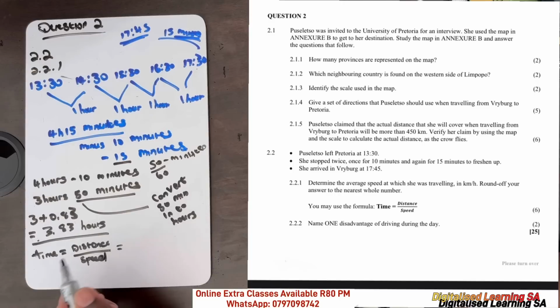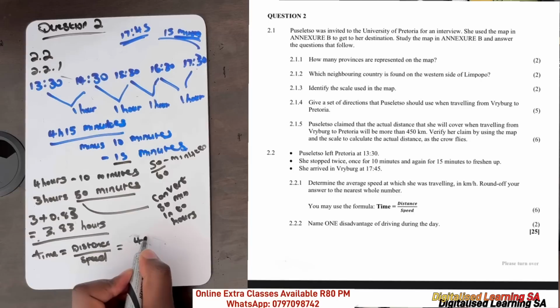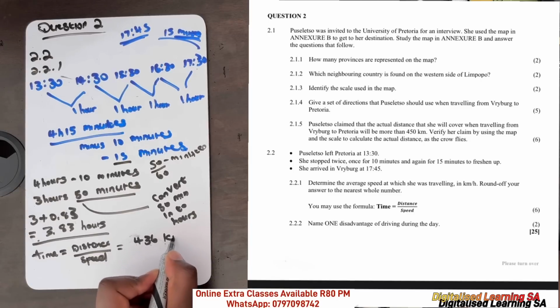So to travel from Pretoria to Vryburg, it is 436 kilometers. So the distance is 436 kilometers, and our time is 3.83 hours.